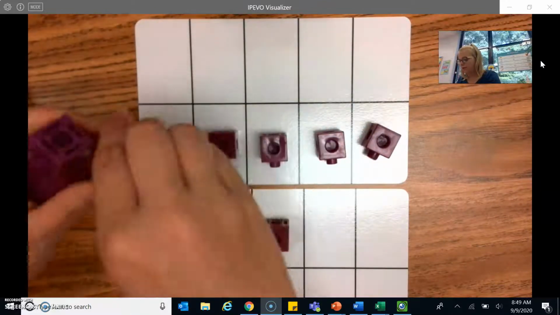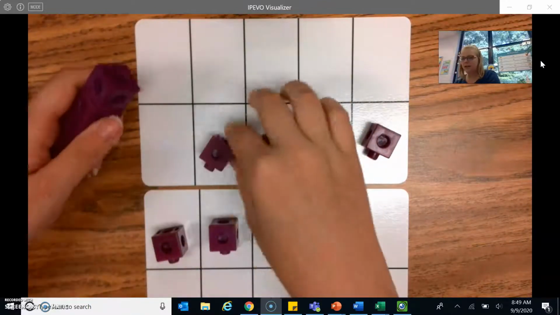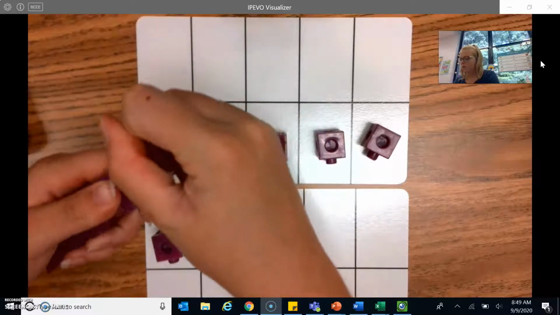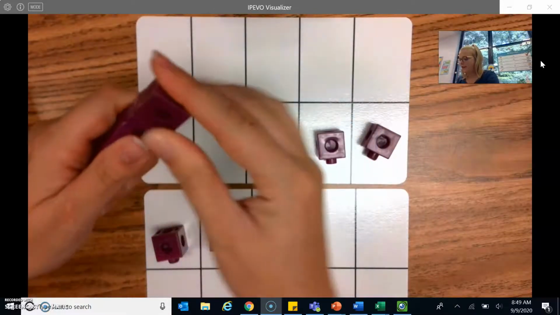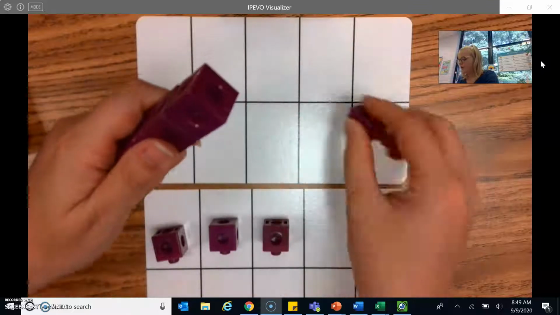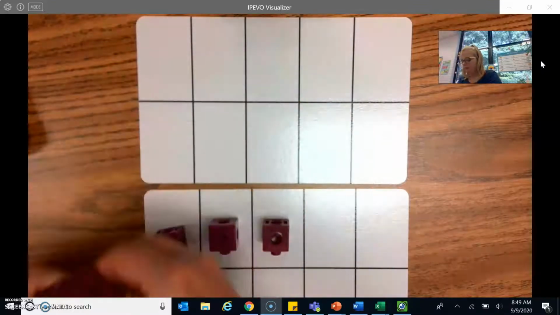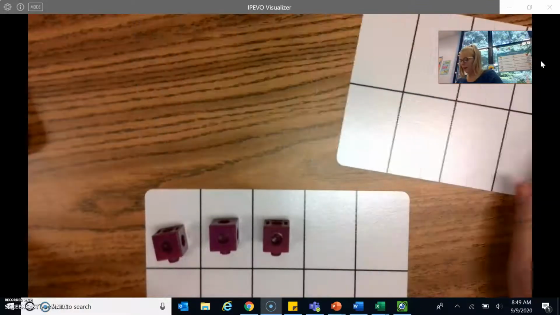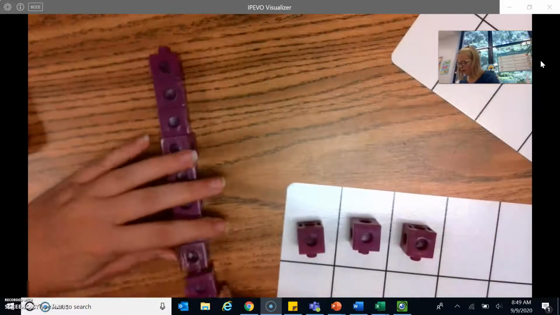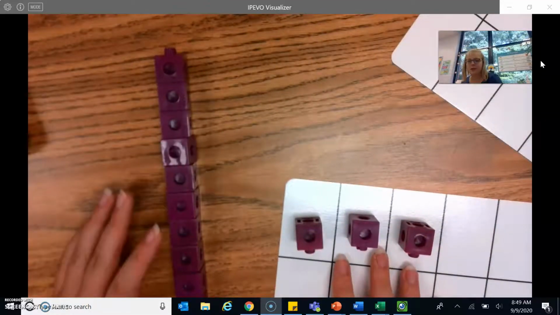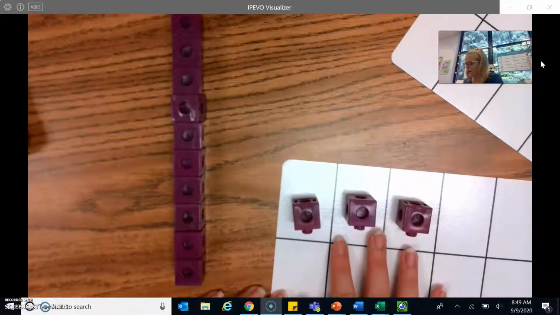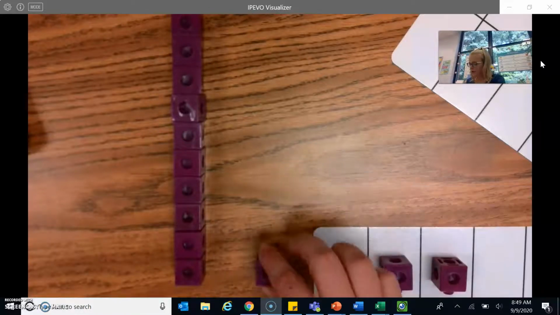How many ones do I have left over? Okay, so we have one group of 10. And then do I have another group of 10 down here? No, I just have 3 ones left over.